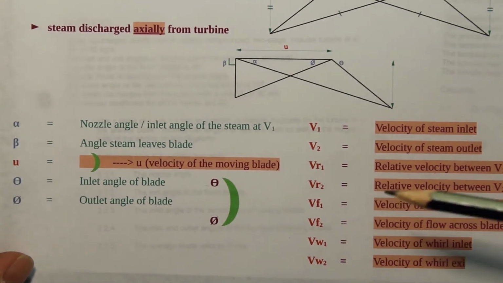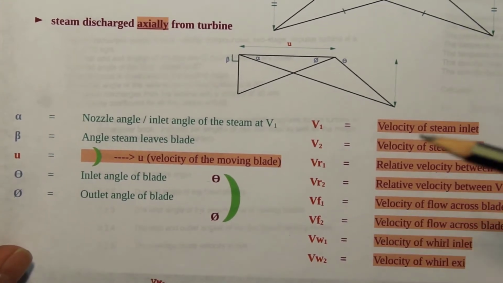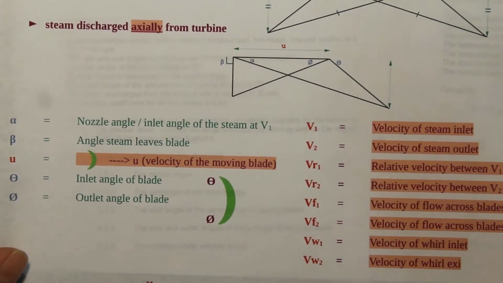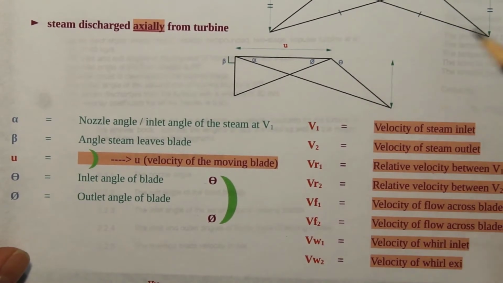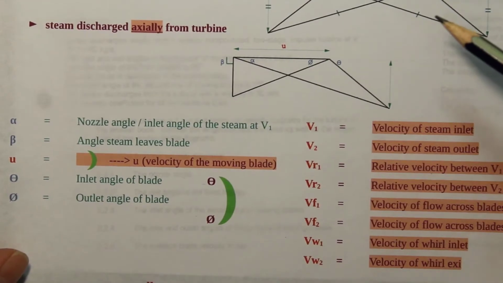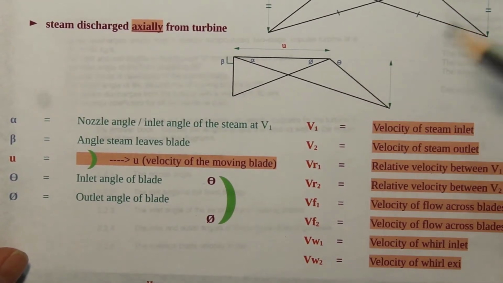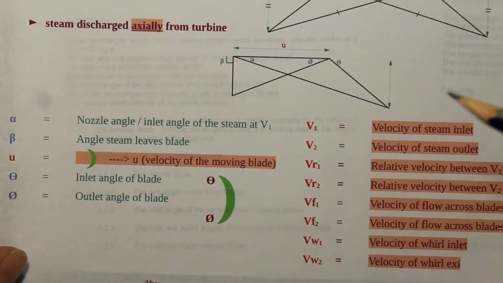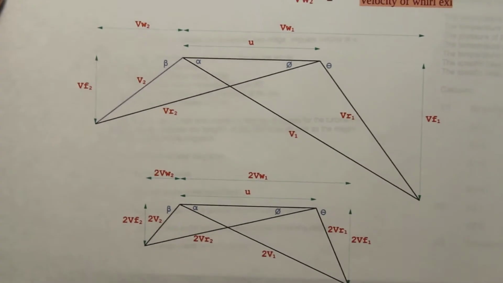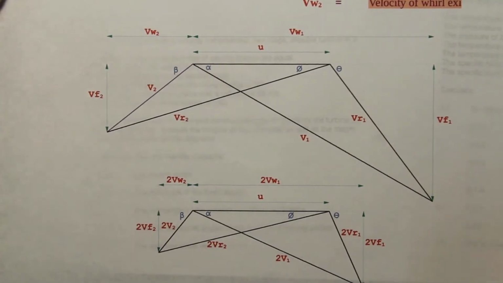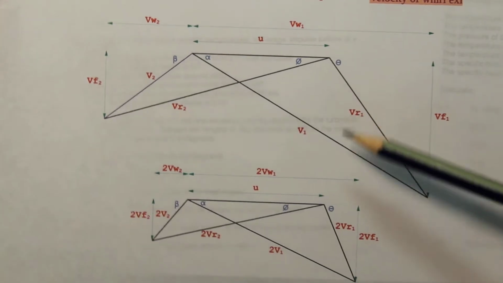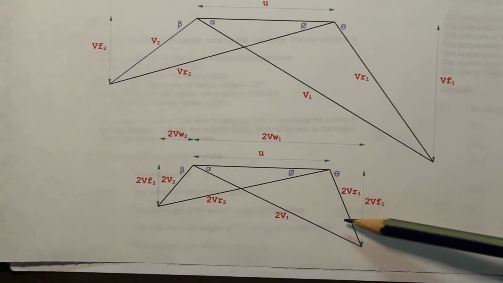And like I said previously, what I suggest is that you really memorize what the different angles are, where they are on the diagram. And that's usually what the velocity compounded velocity diagram looks like. So that's the first set of moving blades, and that's the second set of moving blades.